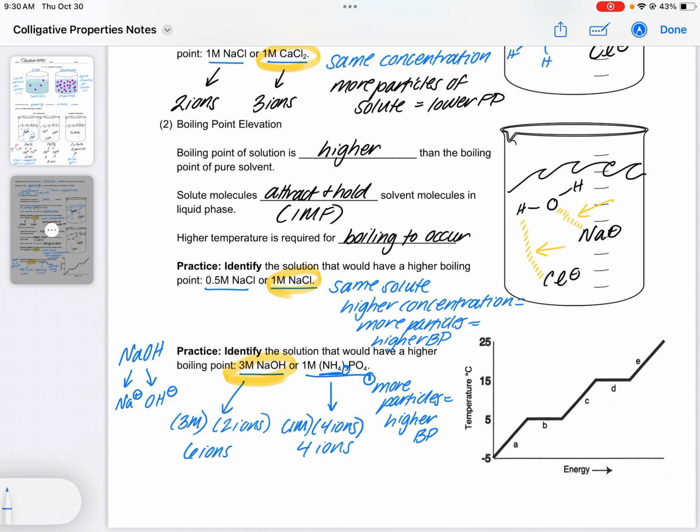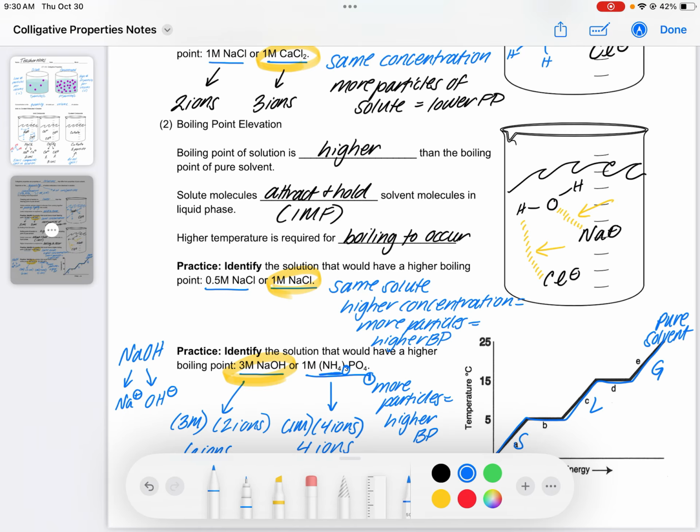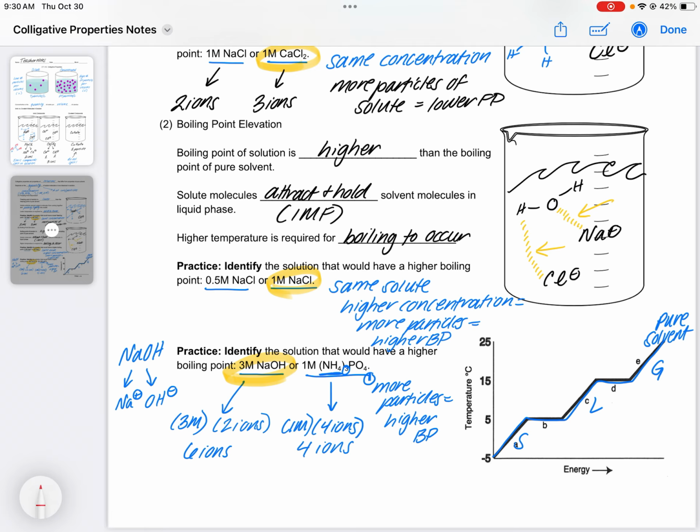So this is an example of a solution that is a pure solvent. We have a solid, a liquid, and a gas phase, and the transitions within them. When we add a solute, we lower the freezing point. This is the freezing point here for a pure solvent.